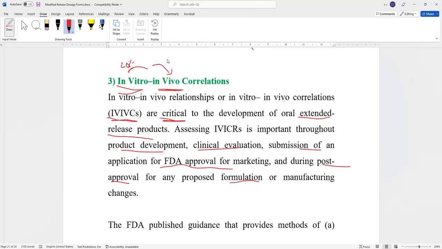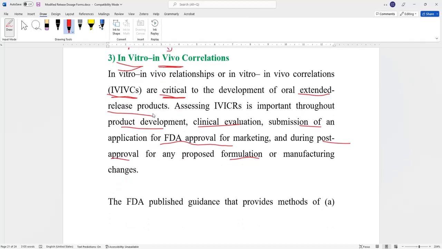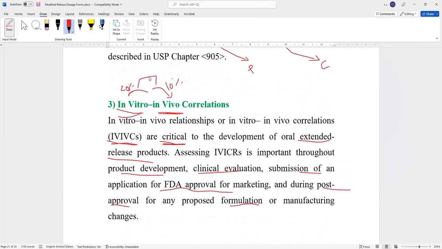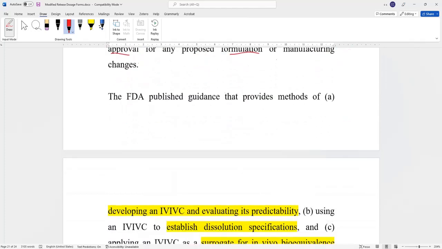Let's say 10%, for example, will dissolve or be absorbed or be available to systemic circulation. So you have to do a kind of correlation, how they are correlated to each other. If they are not correlated, this is very bad. Of course, we know that the better the dissolution, the better the absorption and bioavailability.